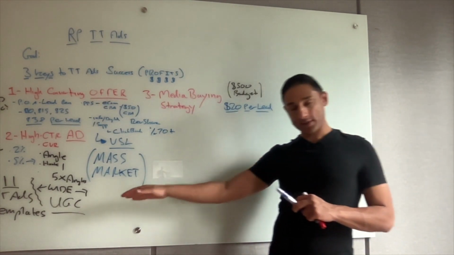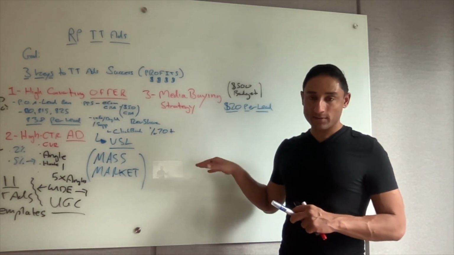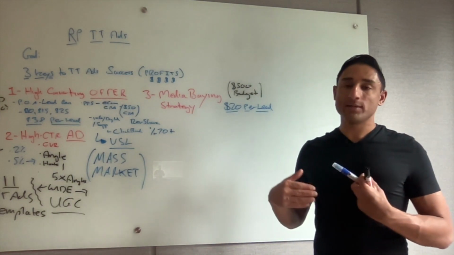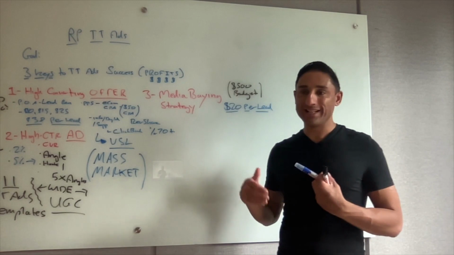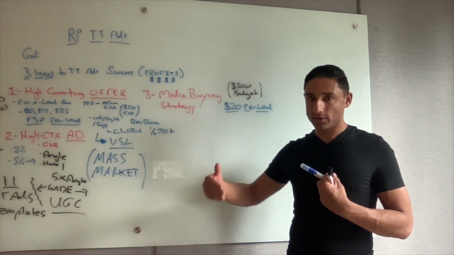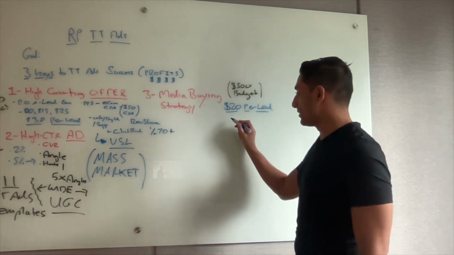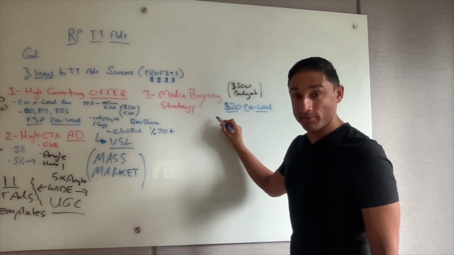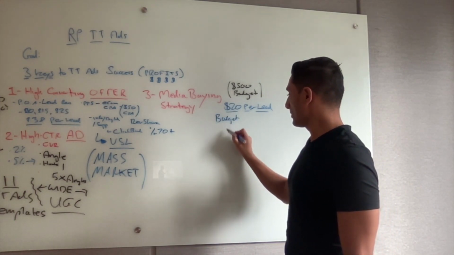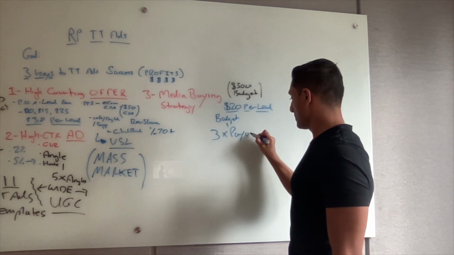For each ad that we test, we will always need my framework, okay? This is my framework. I will always spend at least 3 times the payout on each ad before I make a decision, okay? So, in terms of budget, 3 times payout.